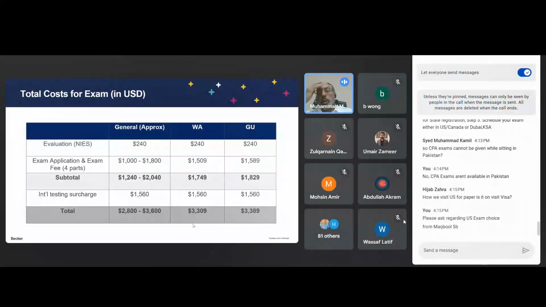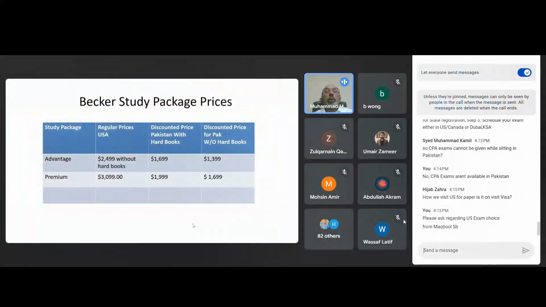So the total cost comes to $2,800 to $3,600. On average, you can say $3,000, and in certain states it can be a little higher. So this is the evaluation, examination, and international testing surcharge. Everything is included there.